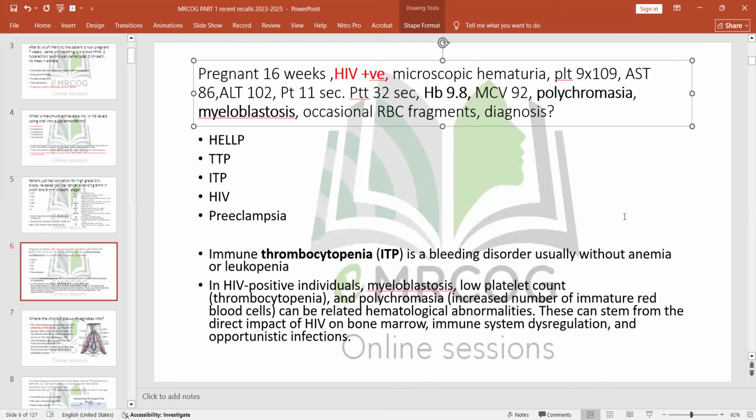But this could happen with people who are having uncontrolled or high viral load of HIV and very low count of CD4. Okay, so yeah, we can have polychromasia and we can have thrombocytopenia and myeloblastosis because all the bloodlines are depressed. All of them are depressed.